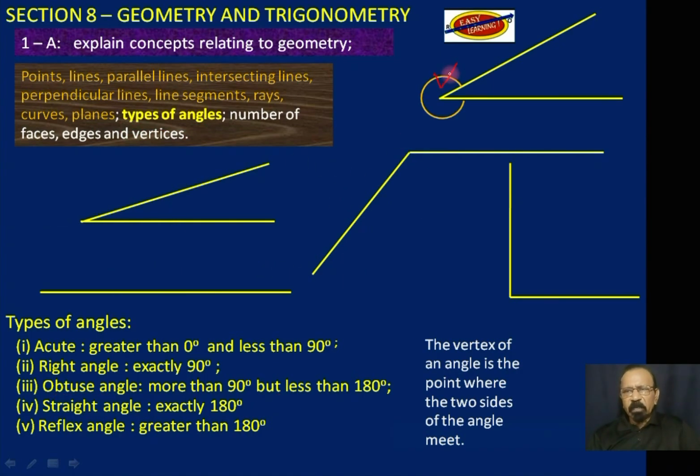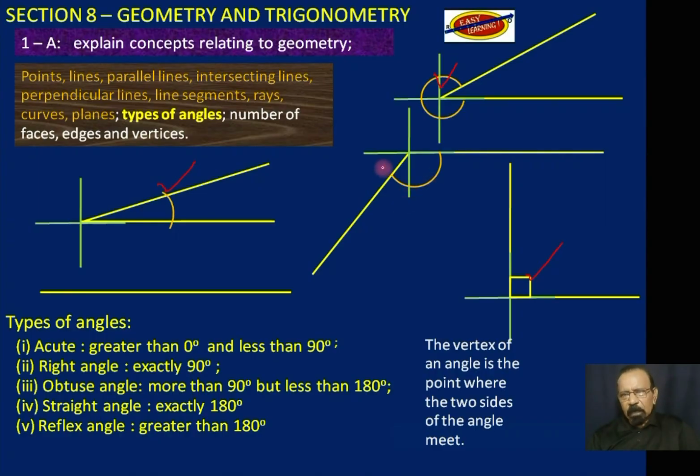This one would be a reflex, greater than 180. This one here will be an acute, less than 90. This one here will be a right angle. That one will be an obtuse angle between 90 and 180, either way you look at it. And this one here will be a straight angle.